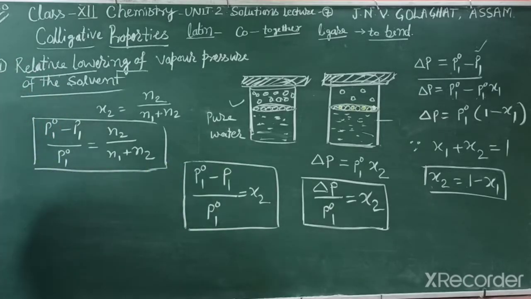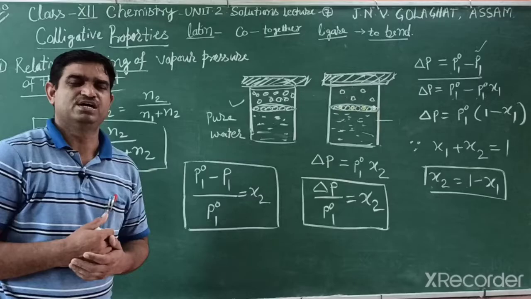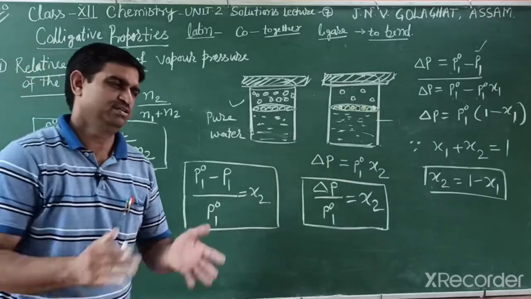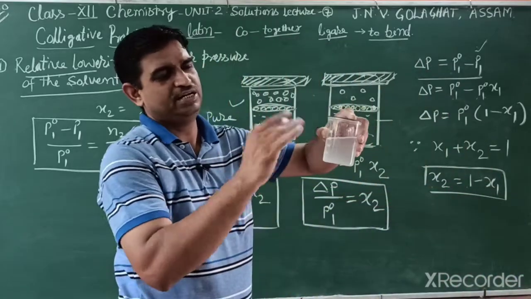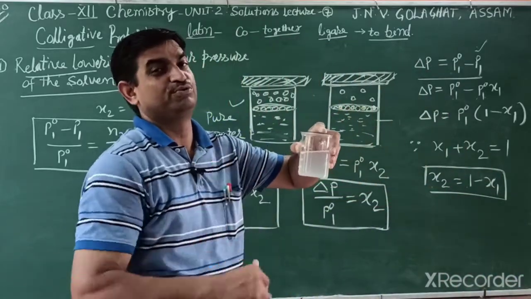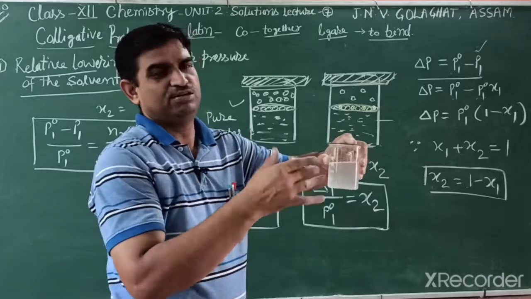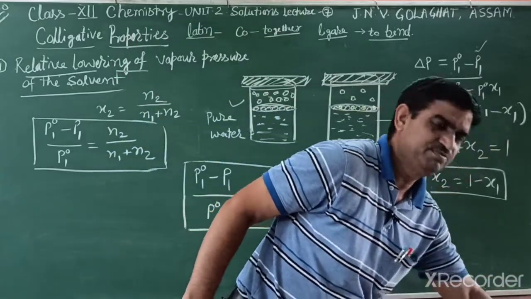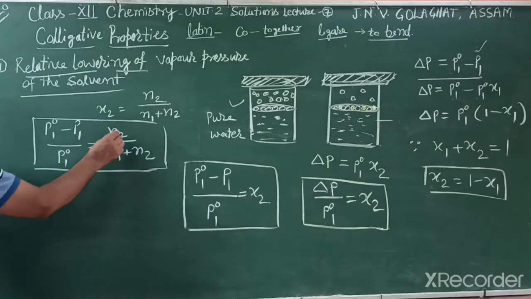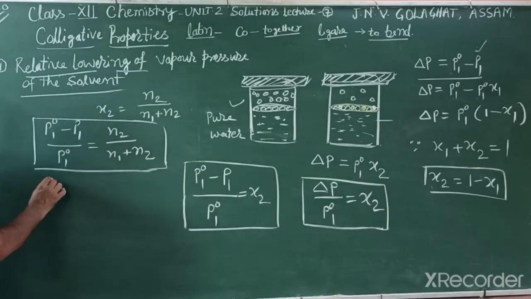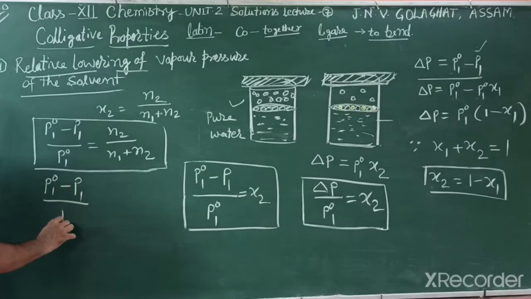But our main motto is to find out the molar mass of an unknown solute. For example, this is glucose, but if you don't know the glucose molar mass, then this is an unknown solute and we have to identify its molar mass. By this we can find out P01 minus P1 divided by pure vapor pressure of the component is equal to, how can we find out moles?